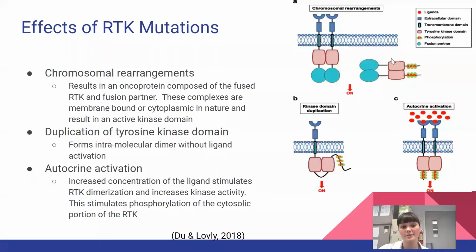Another effect that you might see, or another mutation, is a chromosomal rearrangement, and those can result in an oncoprotein complex of an RTK and its fusion partner. So that's what we're observing over here. We're seeing that these two are fused and dimerized. Again, there's no ligand bonded up top to cause that to happen.